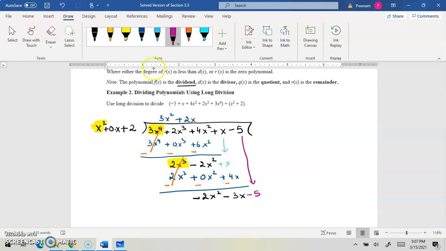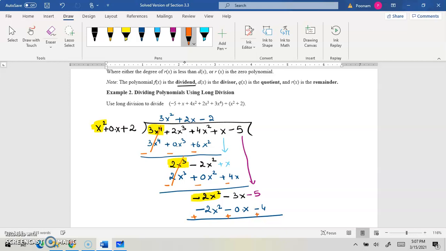Next, we have to check what to multiply x square with to get negative 2x square. I think that is negative 2. Let's do multiply. Negative 2x square, negative 0 times x, negative 4. Now we have to subtract. For subtracting, change the sign of the bottom polynomial.